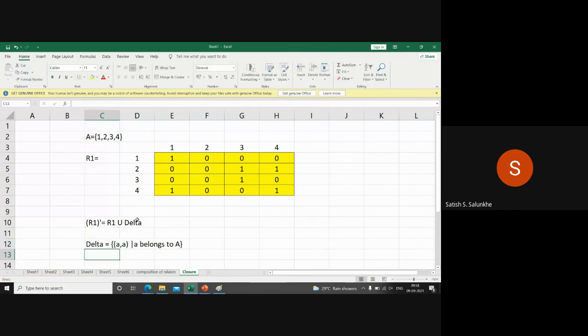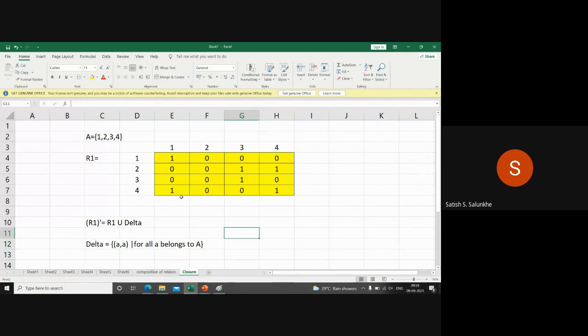So for all a belongs to set A, this is very important. It is not just a. For all a belongs to set A. I am not able to draw the symbols here, that's why I am writing in words.